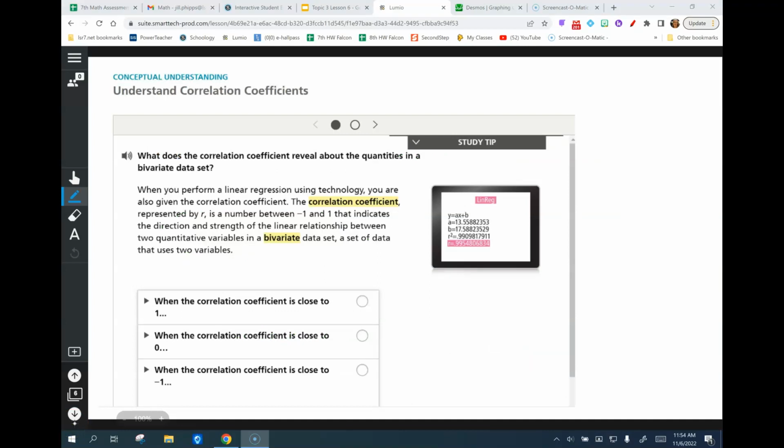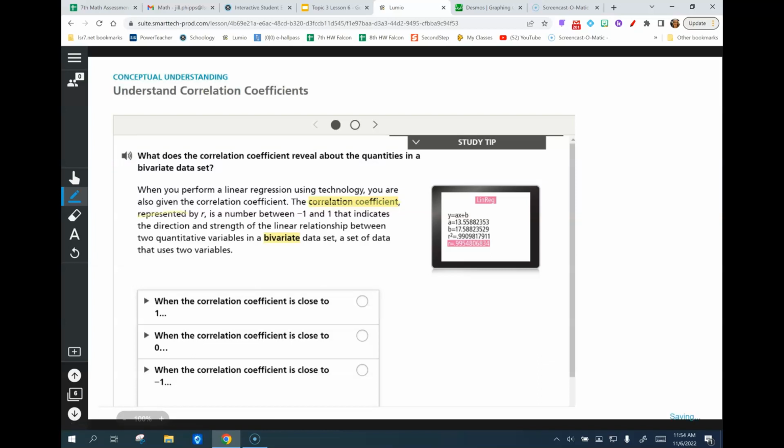This is the next example, or I'm not sure where it is in your book, but here's what you're going to want to do. If there's not space in your book, you're going to want to write down what a correlation coefficient is. Okay, so right here, correlation coefficient. You're going to want to write that down. And what is a correlation coefficient?